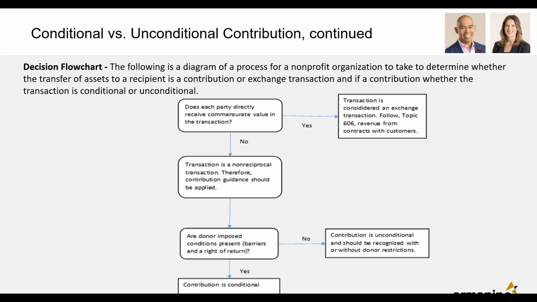Exchange versus contribution, that's sort of like the top hierarchy, then conditional versus unconditional. But you may still have to determine whether or not there's restrictions after that. And I think that's a good point, because once you get down to the bottom here, it's conditional. Hopefully at some point it will become unconditional, and then you go to the second from the bottom box and answer that question again. And then you're going over to the right, and then you're determining at that time, does it now have restrictions or not? Right. Yep. Once you've recognized. Yes.